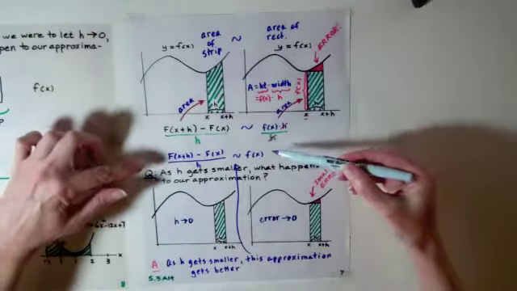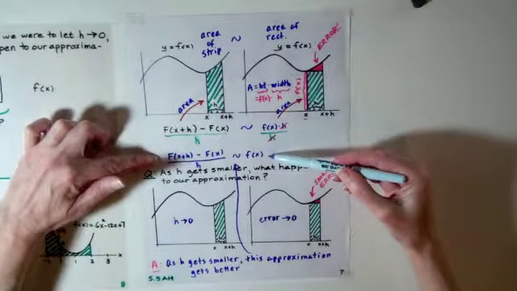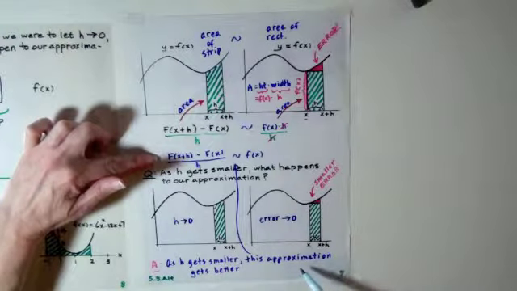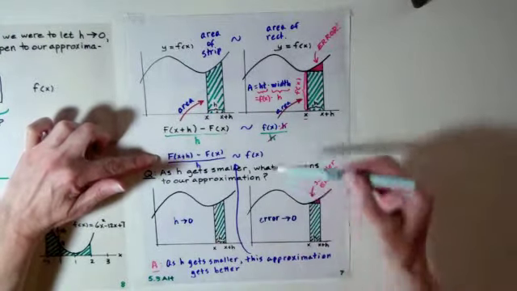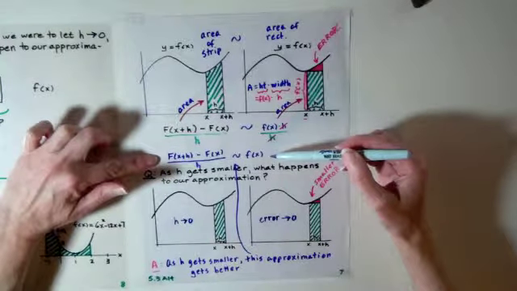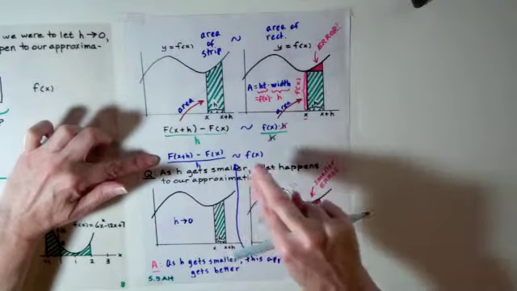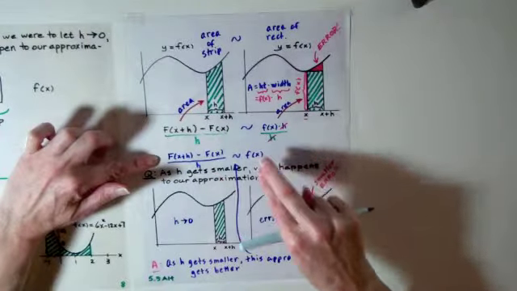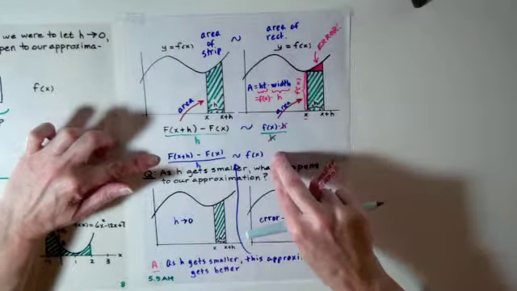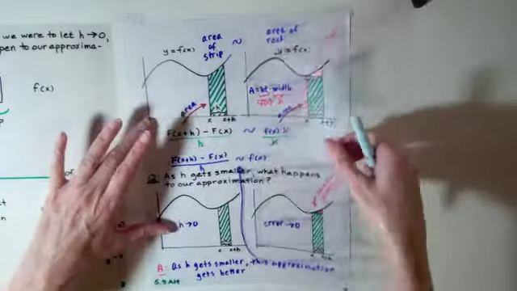What does that mean about our approximation that we wrote up here? Well, we said as h gets smaller, this approximation gets better. And when h shrinks all the way to 0, this is no longer an approximation. The left side is not approximately equal to the right side. It becomes an equality. The left side will be equal to the right side. Well, let's write that down on the next page.